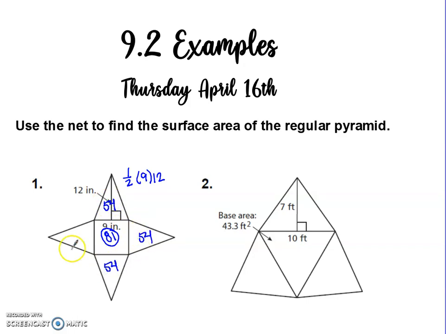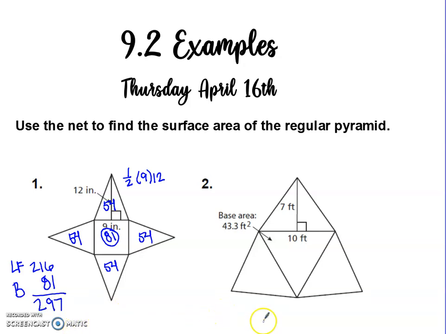They're all the same size. They're all identical. So 54 times 4, and then plus that 81. The lateral faces, I'm going to abbreviate LF, lateral faces, was 216. And that base, which is capital B, is 81. All together is 297.